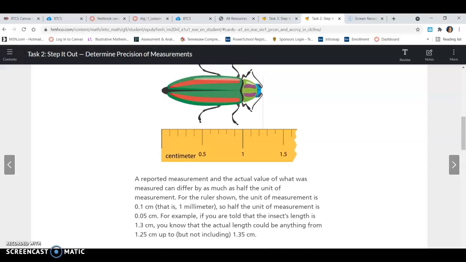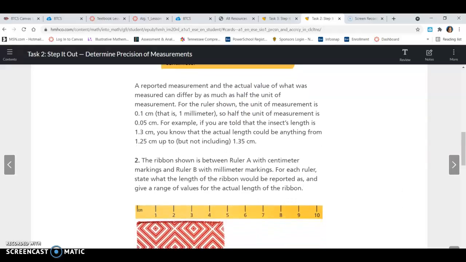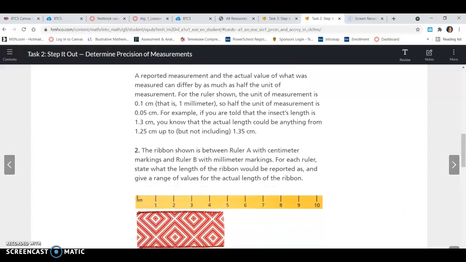All right, so you can see the insect here, and they are measuring, and that's how they get this measurement. So 1.1, 1.2, this is 1.3. Since it falls in between, we round up as we do with all decimal points. A reported measurement and the actual value of what was measured can differ by as much as half the unit of measurement.